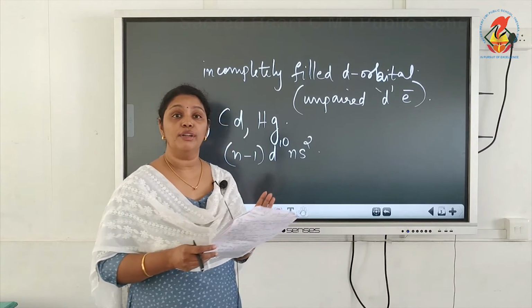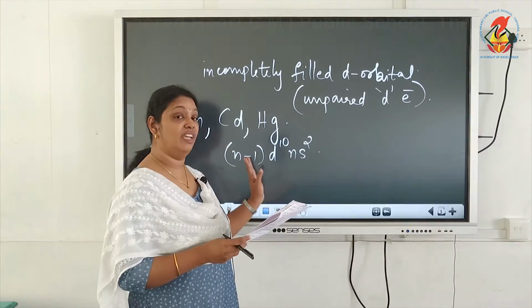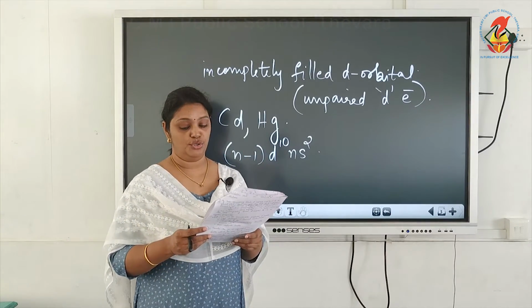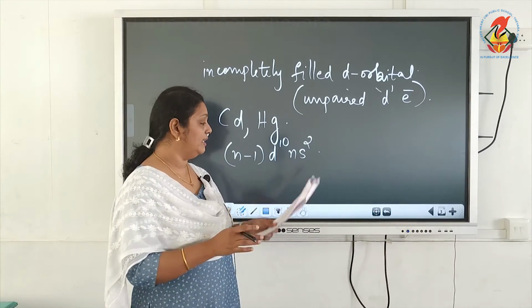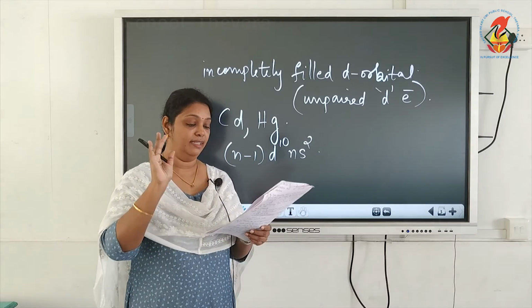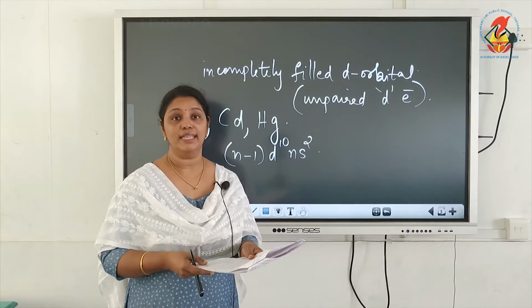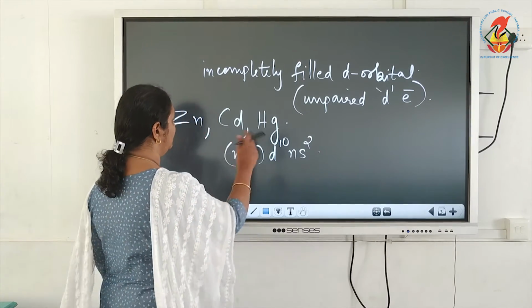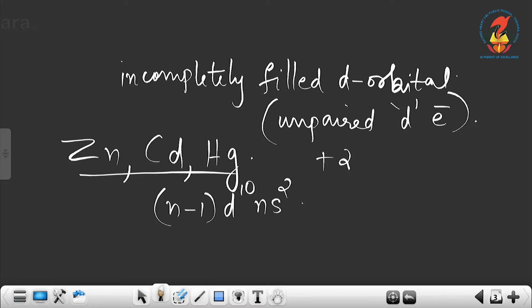Now you can see that they have a completely filled d orbital in the ground state as well as in their common oxidation state. The common oxidation state taken by these elements is +2.